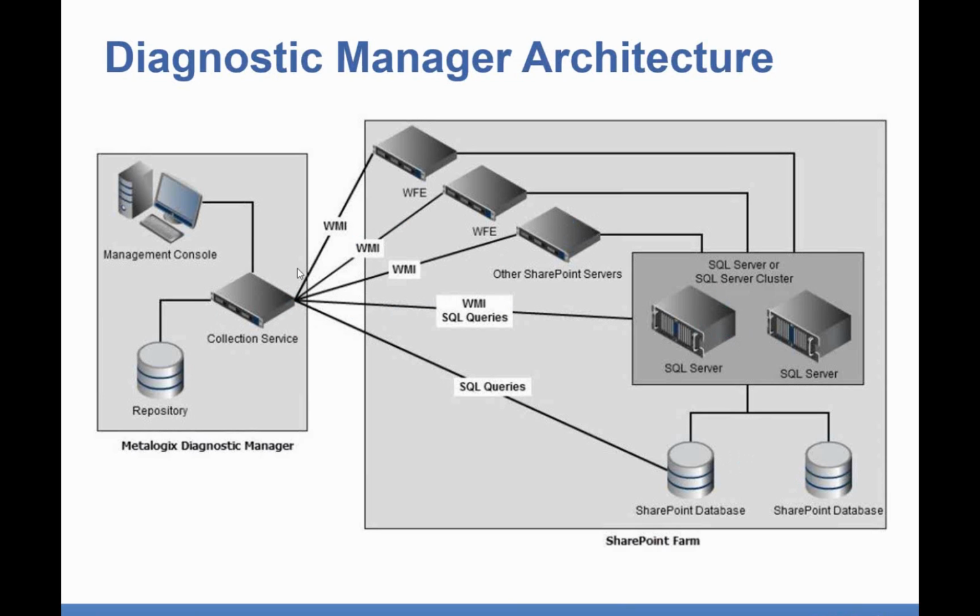It makes those remote WMI connections, basically pulling back performance counters from WMI from each of these scopes. It's going to store those into the repository and then do some work on them based on the alert configurations you've set up in your console.